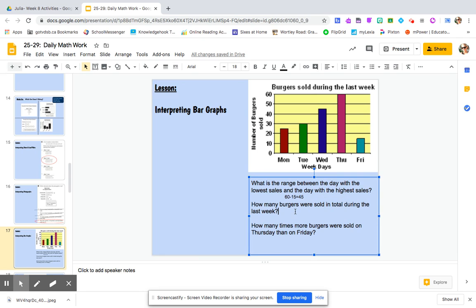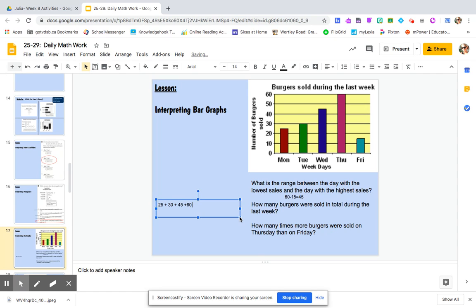Now, how many burgers were sold in total during the last week? To find total number, I simply go in and add up how much was in each day. And again, you're allowed to use your calculator for this. You're just showing me that you know which data to put in. So 25 for Monday, plus 30 on Tuesday, plus 45 on Wednesday, plus 60 on Thursday, plus 15 on Friday.